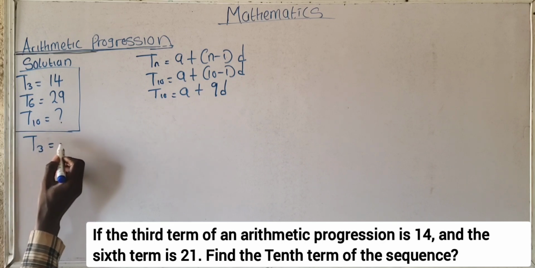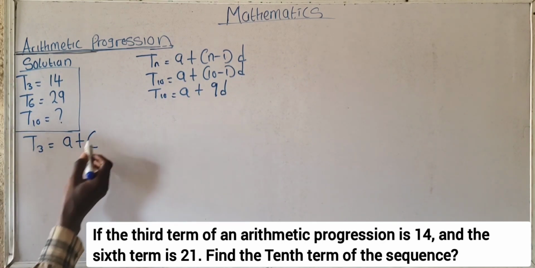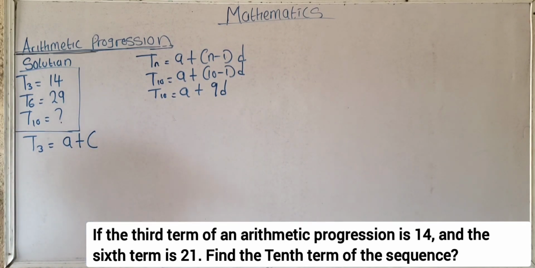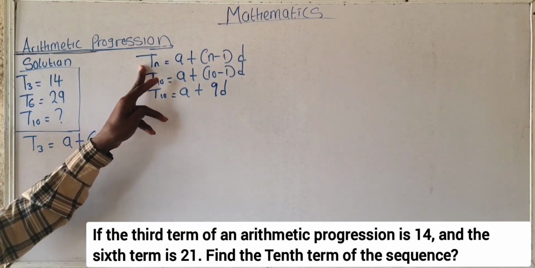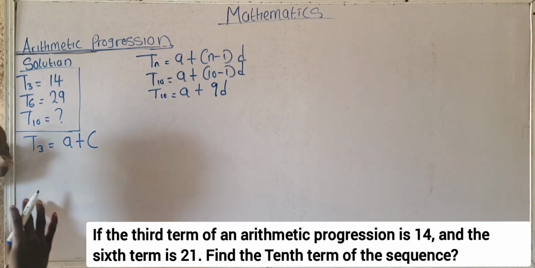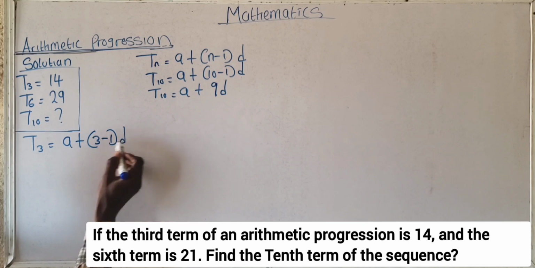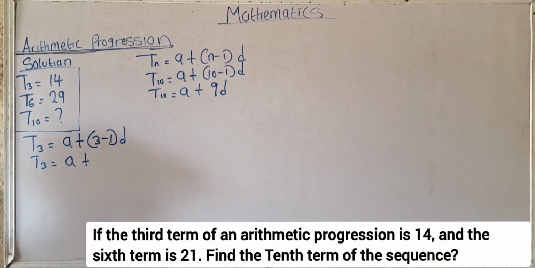T3 is equal to a plus n minus 1, and n will be 3 now because I want to write an expression for the third term. Are you paying attention? I want to write an expression for the third term with respect to the general formula for the nth term of an arithmetic progression. Okay, so here I'm going to have T3 is equal to a plus 3 minus 1 multiplied by d. T3 is equal to a plus 3 minus 1 is 2, so I'm going to have a plus 2d.